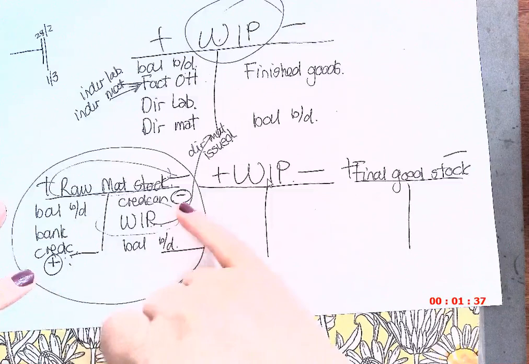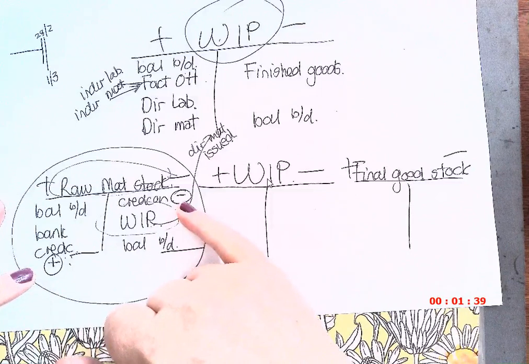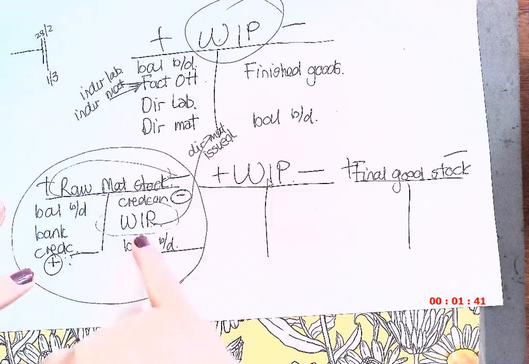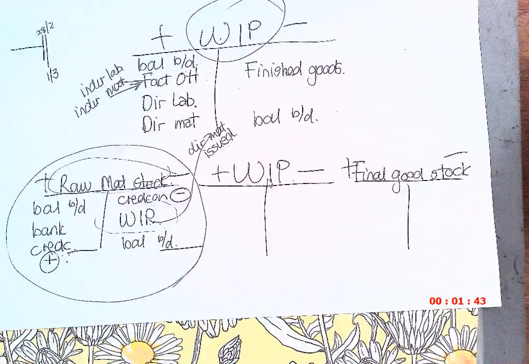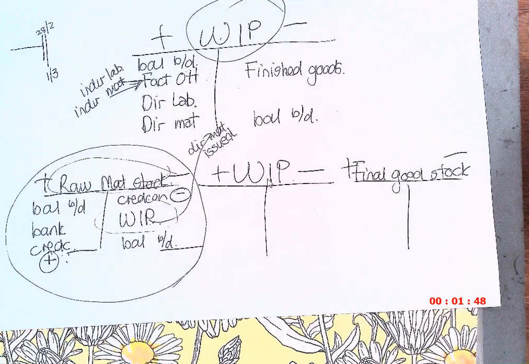It becomes less if I return some of the stock. But the biggest part that makes it less is when raw material is issued to work in process, meaning to the factory floor where they are busy making whatever product, right?